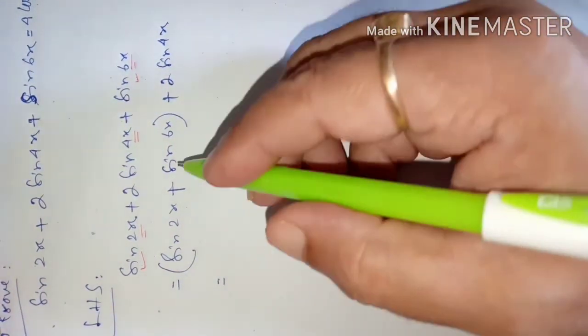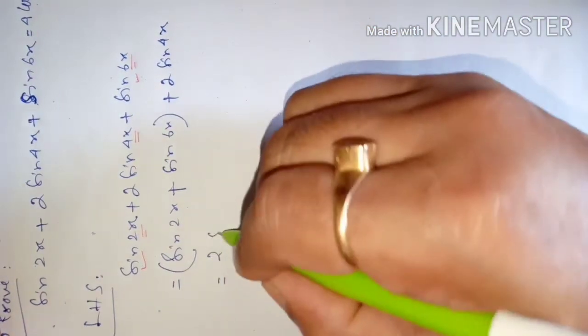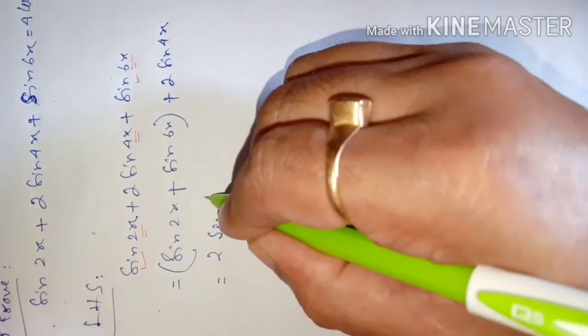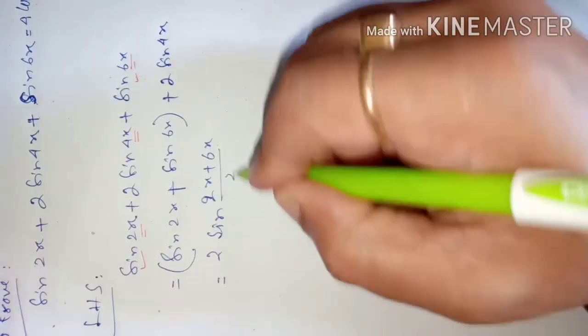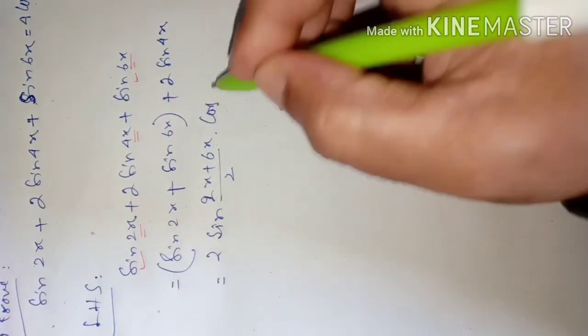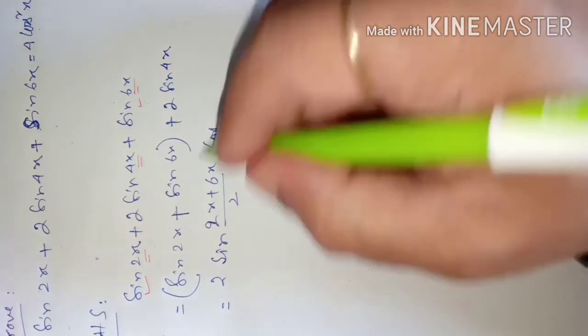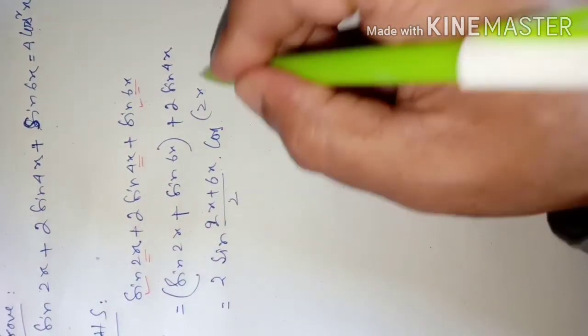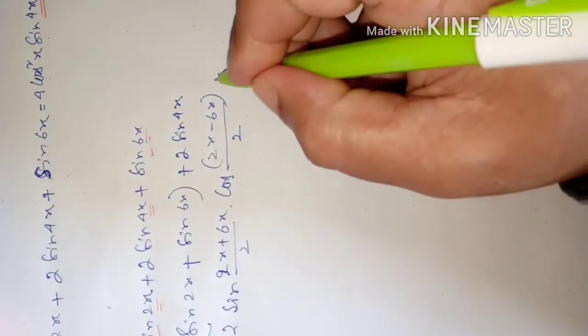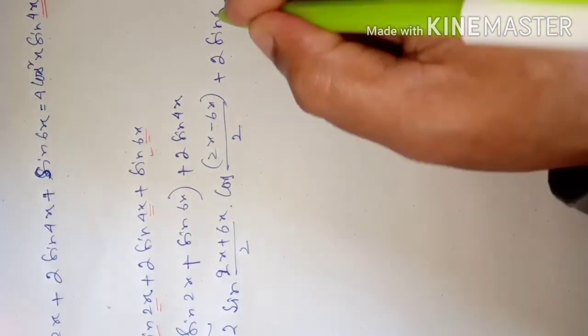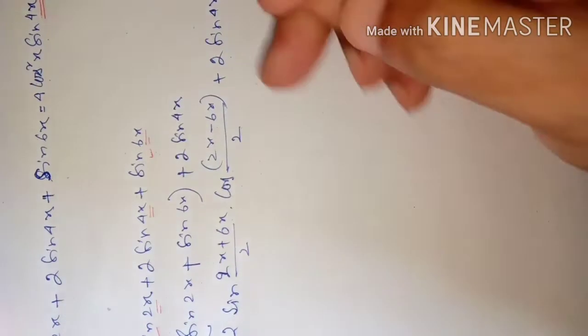So sine a plus sine b, you recall, is twice sine of a plus b by 2, that is 2x plus 6x by 2, into cos a minus b by 2. A minus b means 2x minus 6x by 2. So plus 2 sine 4x as it is. This 2 sine 4x.